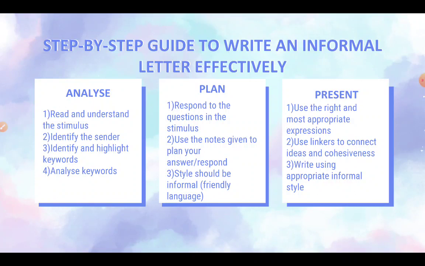To analyze the stimulus, you have to read and understand each and every given instruction, letter, or situation. Identify who is the sender and then identify and highlight every keyword in the stimulus. Analyze each and every keyword or the information that you have from the letter.